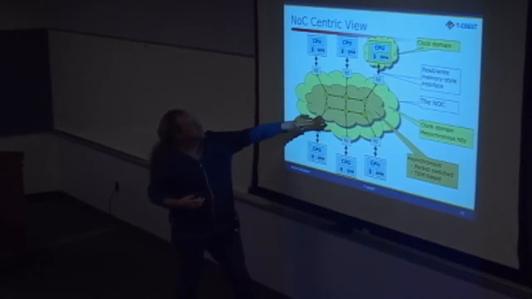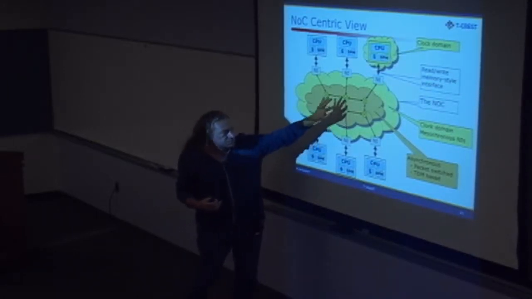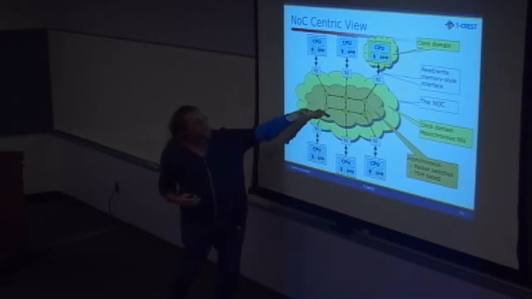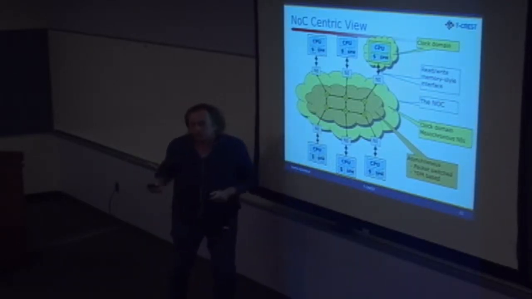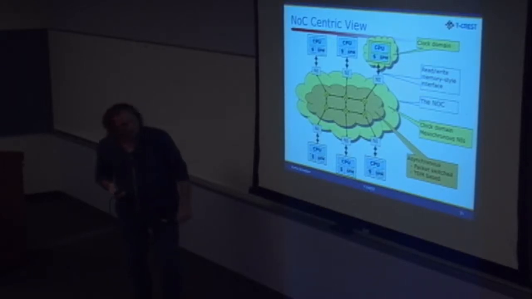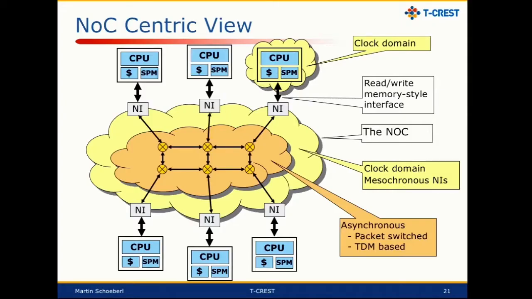You have to fill these buffers half full with tokens, and then you start, and then you can tolerate someone pushing a little bit earlier or getting tokens out a little bit earlier. I think this was for me the most surprising result: using an asynchronous structure, but still using a static TDM, time division multiplexing schedule, and this still works.